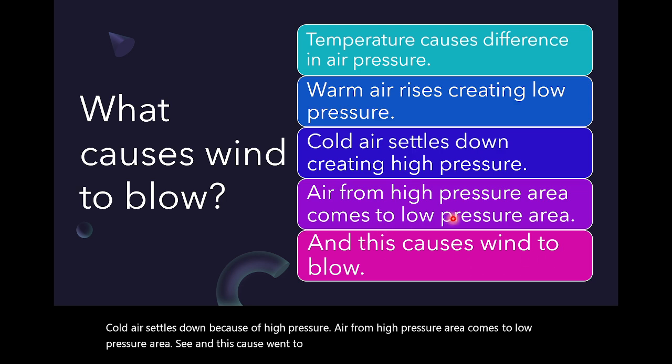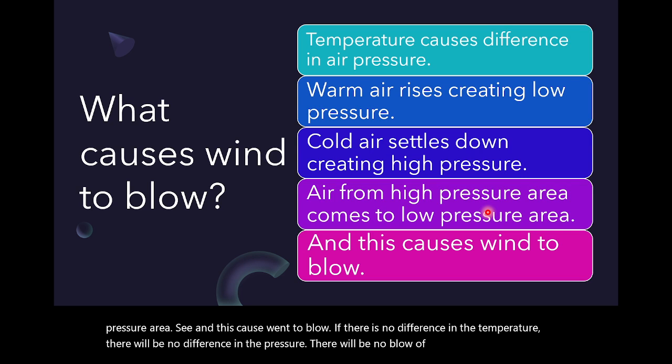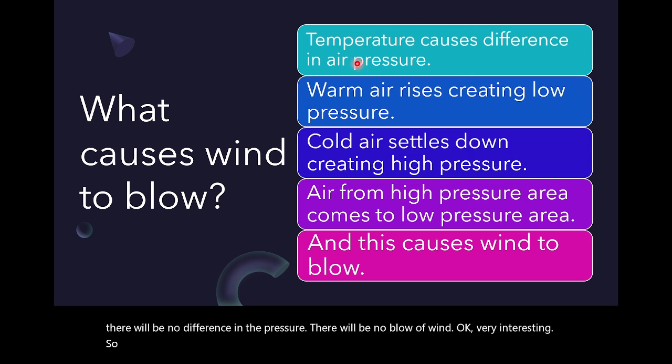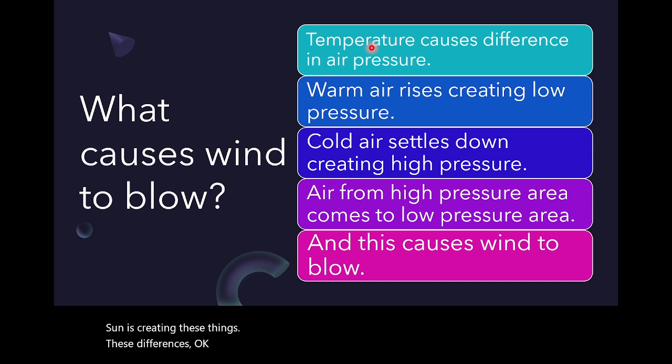If there is no difference in the temperature, there will be no difference in the pressure, and there will be no blow of wind. Very interesting. So the ultimate source is the sun: the heat from the sun is causing these things.